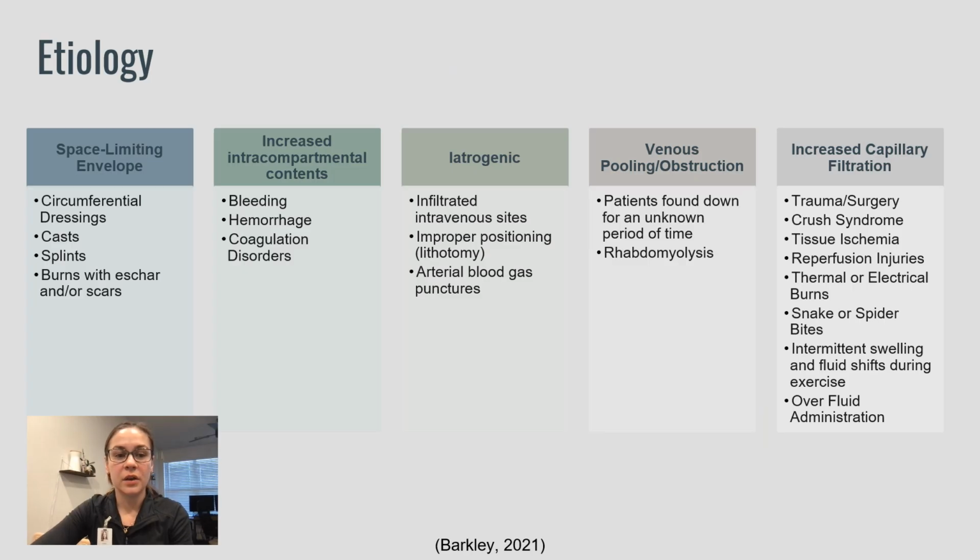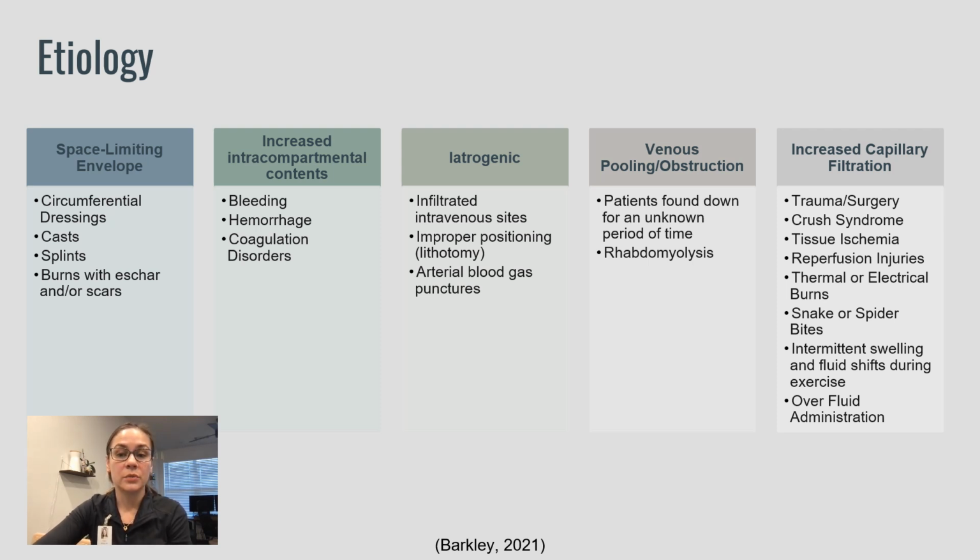The etiology of compartment syndrome involves a space-limiting envelope, such as circumferential dressings, casts, splints, or burns with eschar or scars. Increased intracompartmental contents, such as bleeding, hemorrhage, or coagulation disorders. Iatrogenic causes, such as infiltrated intravenous sites, improper positioning, especially with the lithotomy position, or arterial blood gas punctures.